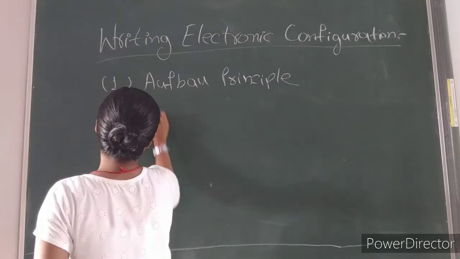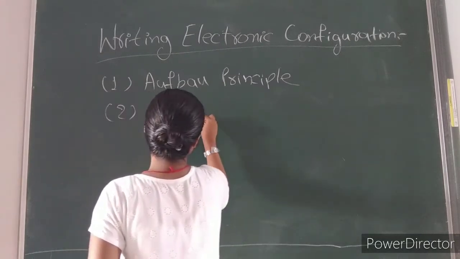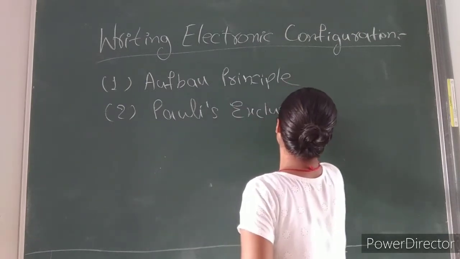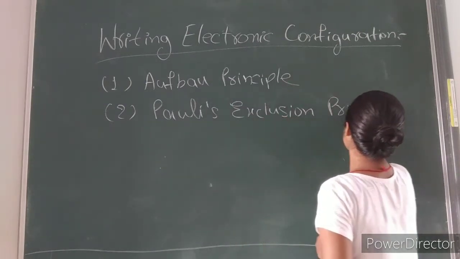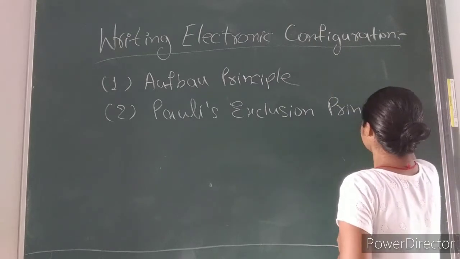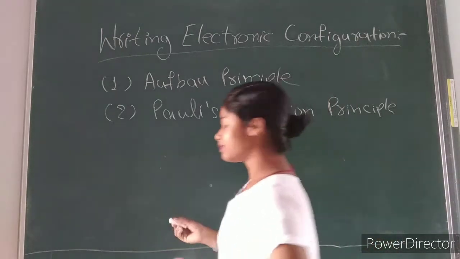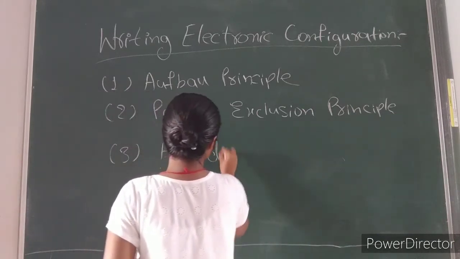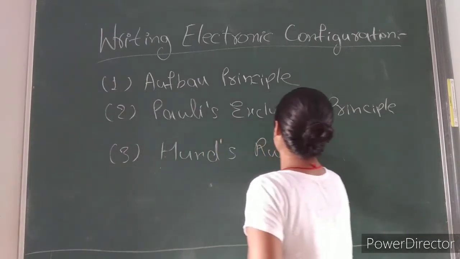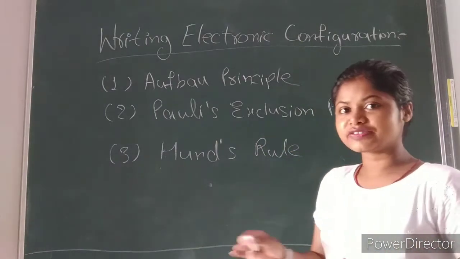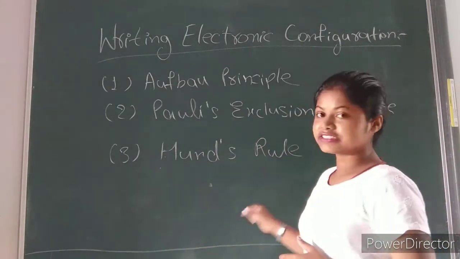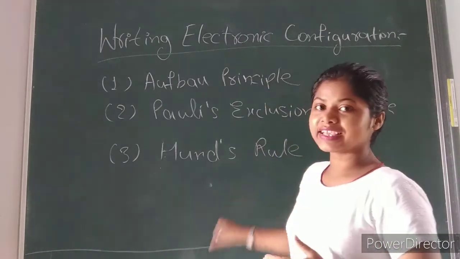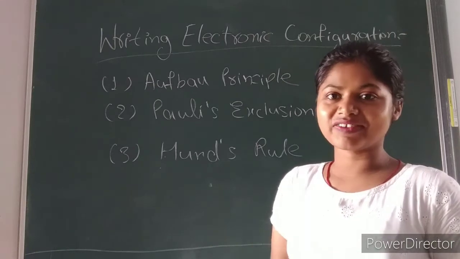The second one is Pauli's exclusion principle, and the third one is Hund's rule. In this video, line by line, we will see all of these rules. By knowing these rules we can easily write the electronic configuration.